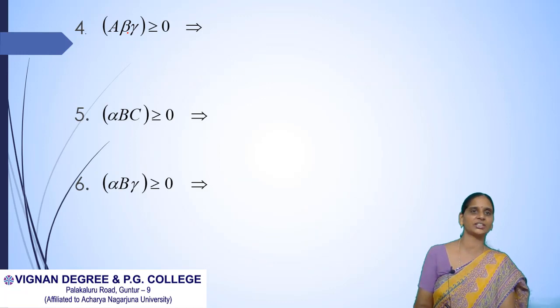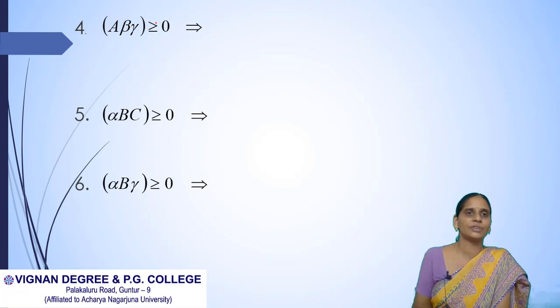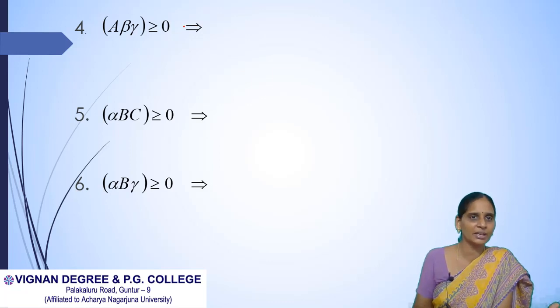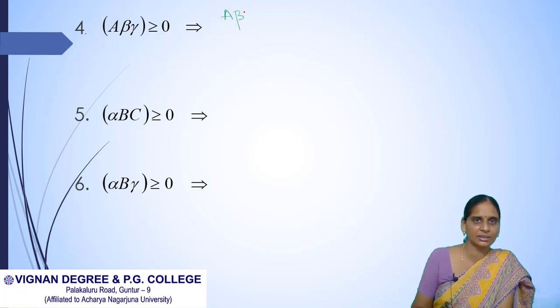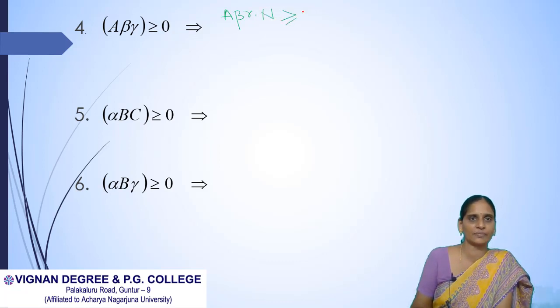And the fourth condition is frequency of A beta gamma. Frequency of A beta gamma is greater than or equal to 0. So this implies frequency of A beta gamma can be written as A beta gamma into N, which is greater than or equal to 0.